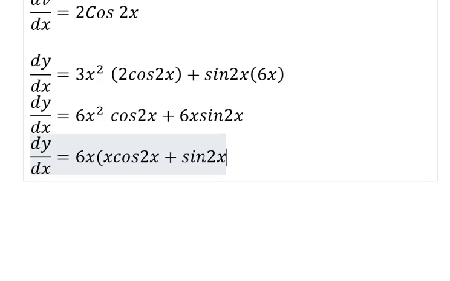Awesome. So you can leave your answer this way as well. Either this form or this form, you are still correct.